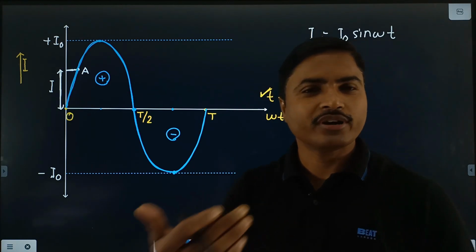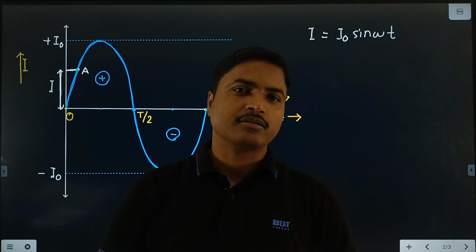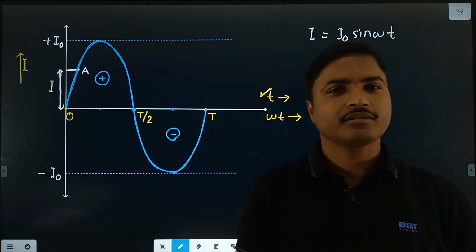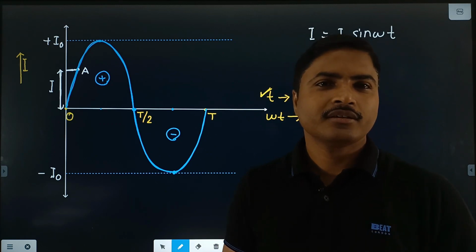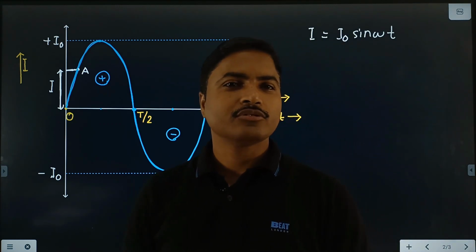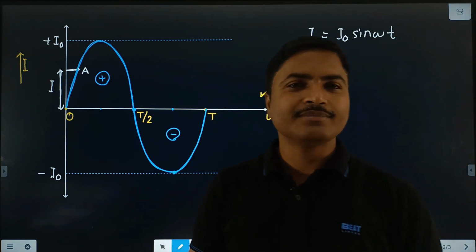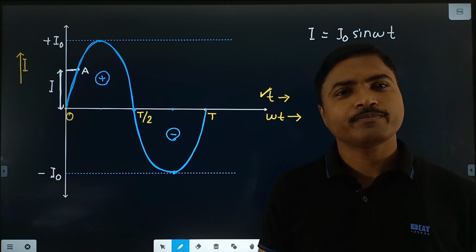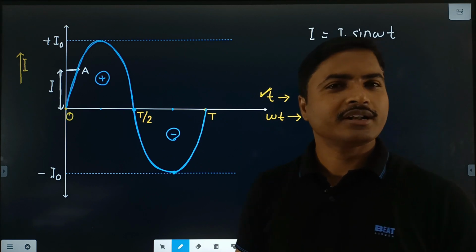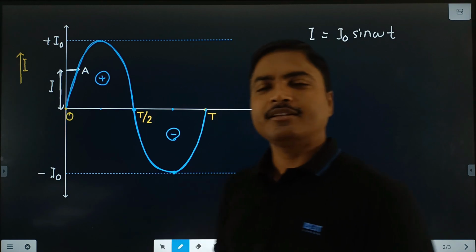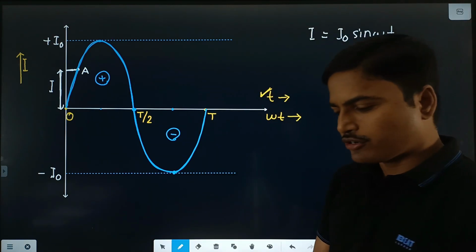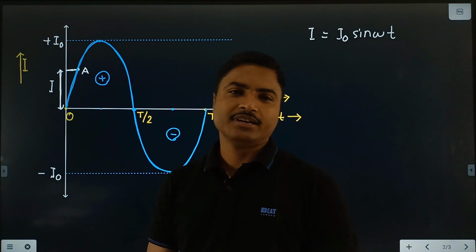Similarly, by using an ordinary DC ammeter we cannot measure alternating current. Why? Because the average value is always 0, so the instrument always gives a reading of 0. So we cannot measure alternating current for full cycle by using a DC voltmeter or DC ammeter.